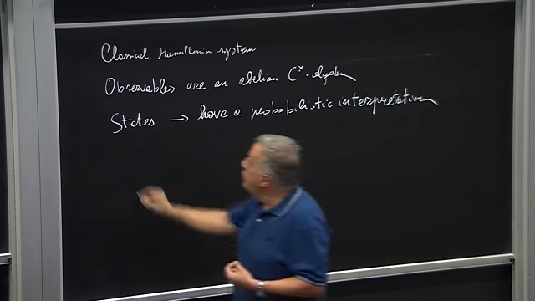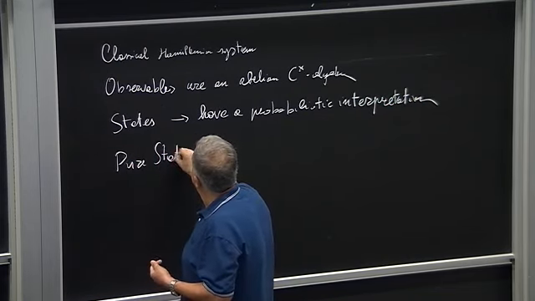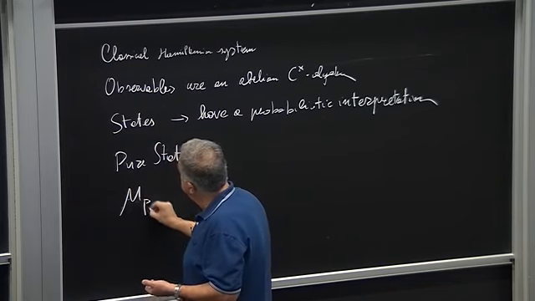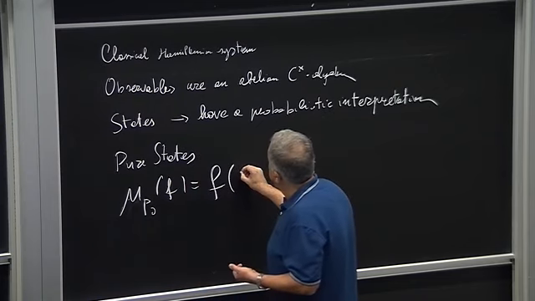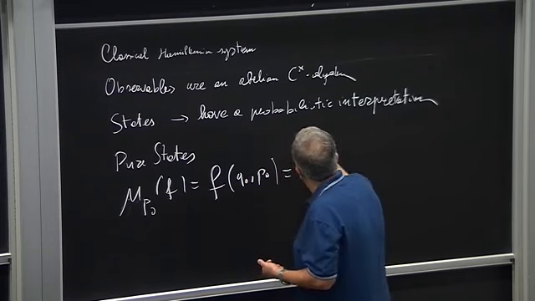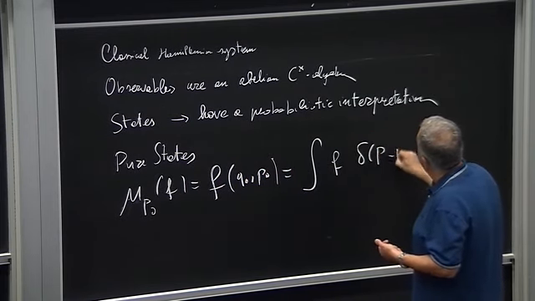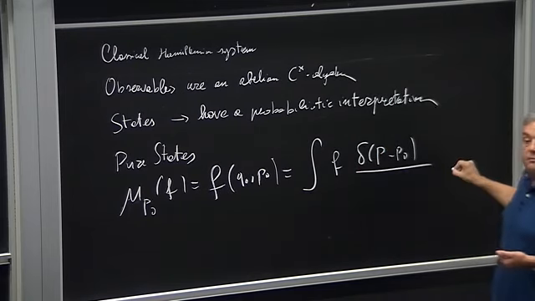In particular, pure states: mu of P0, of f, is f of Q0, P0, the integral of f delta of P minus P0. This is also a probability measure.